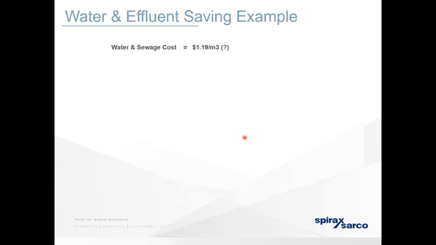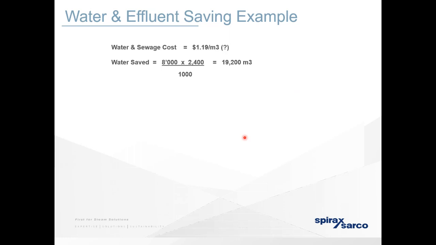So if we talk about water and effluent, water and sewage cost, let's say per meter cubed in this case is $1.19. Sorry for anybody who struggles with dollars, because of the people in this training, dollars is kind of universal. So we can share the information if you want to do local calculations as well.